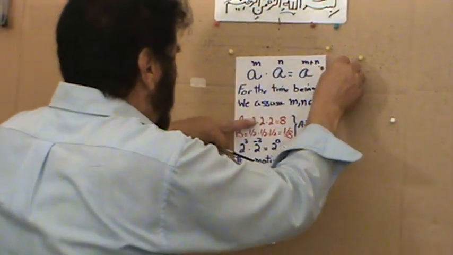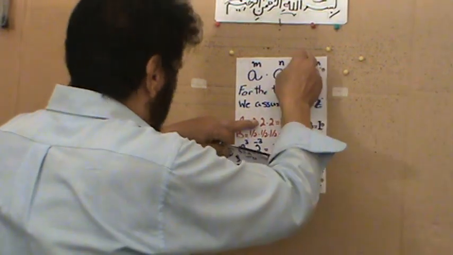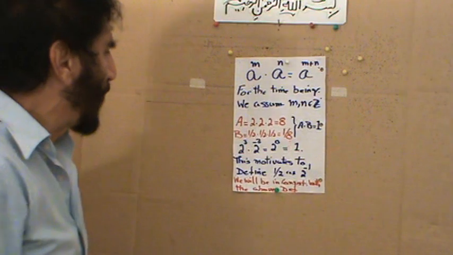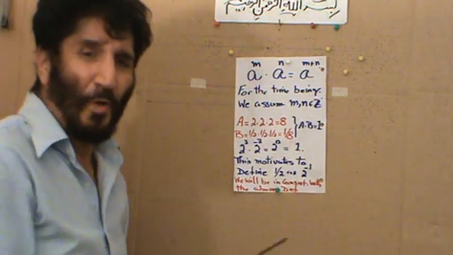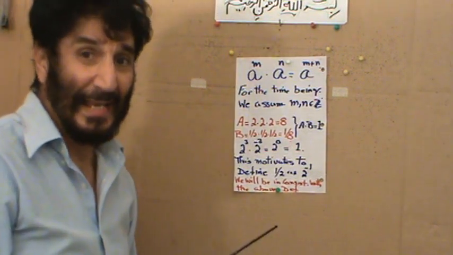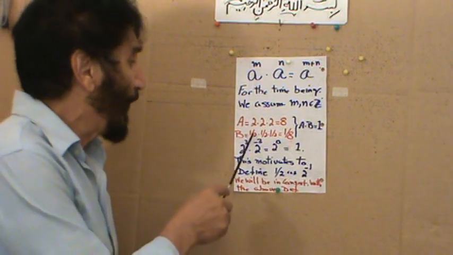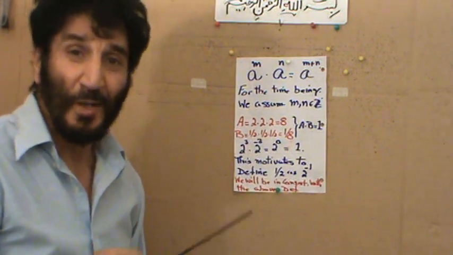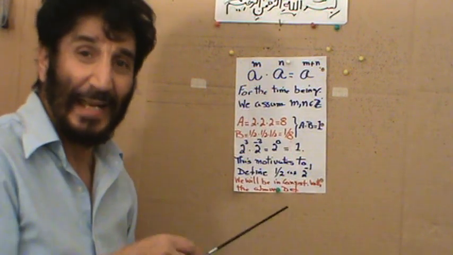And also, excuse me, I forgot to mention, let me mention that one. 1/2 is 2 to the negative 1. So we get 1/2 times 1/2 times 1/2, we get 2 to the negative 1 times 2 to the negative 1 times 2 to the negative 1.